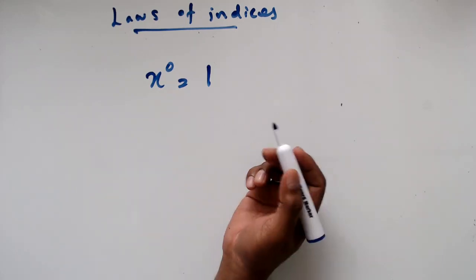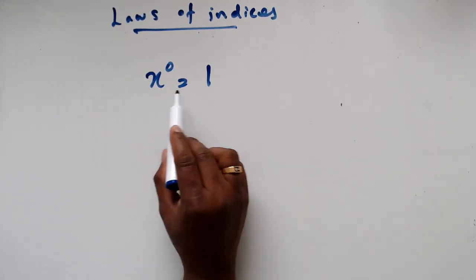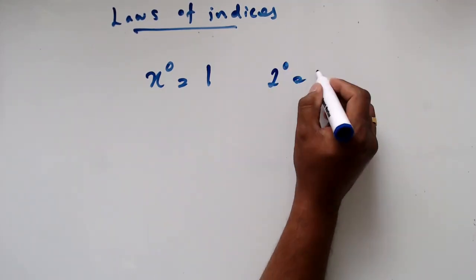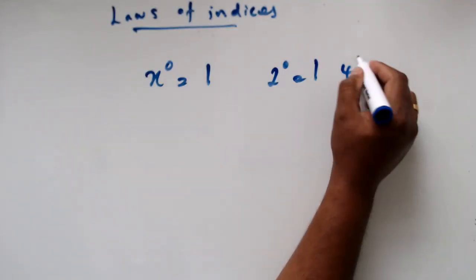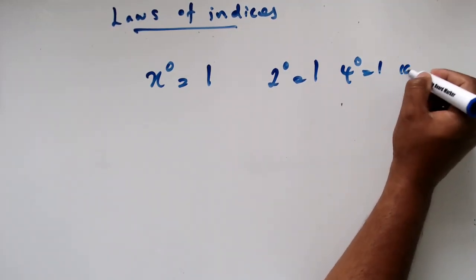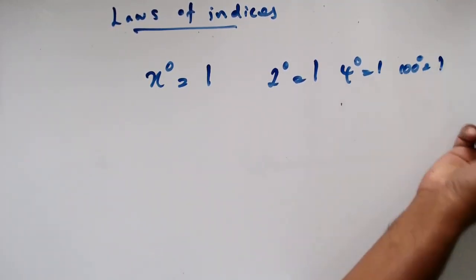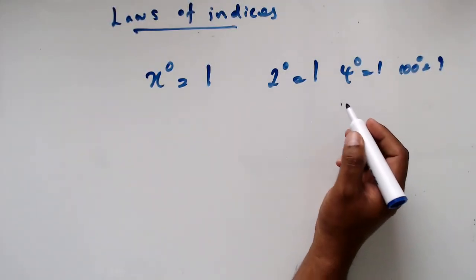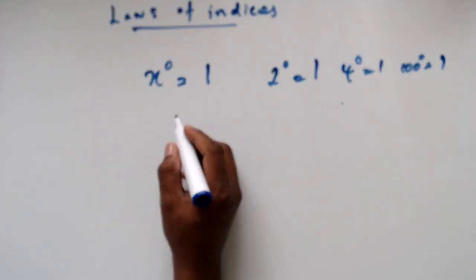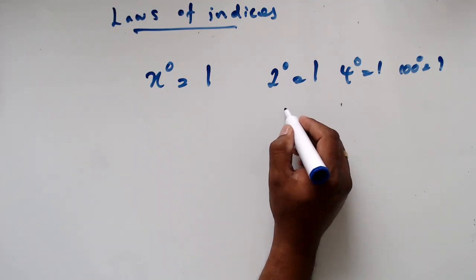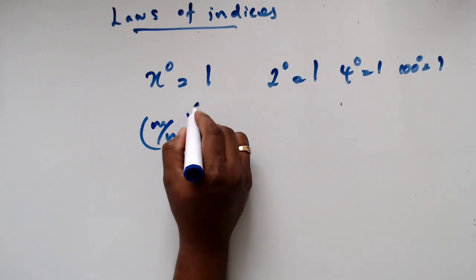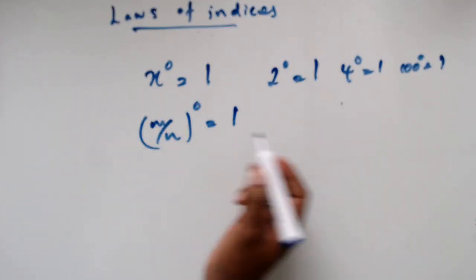The other one is, we should know that any number to the power 0 is 1. 2 to the power 0 is 1, 4 to the power 0 is 1, 100 to the power 0 is 1, or (m divided by n) to the power 0 is 1.